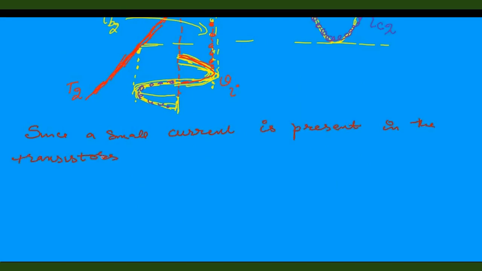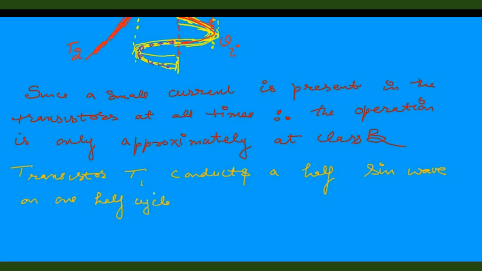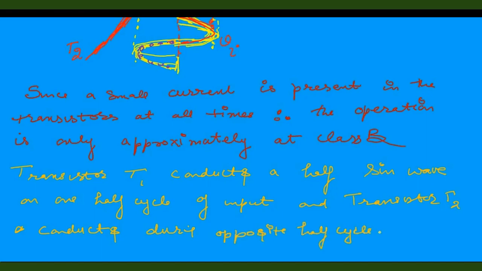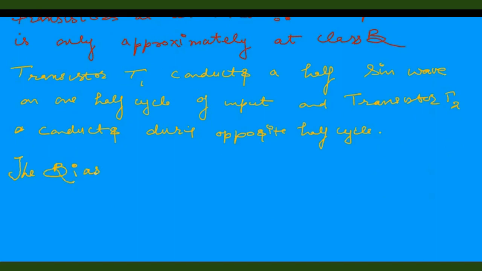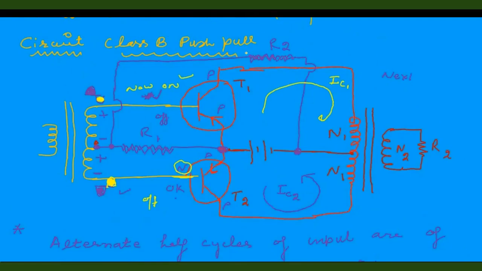A small current is present in the transistor all the time. The operation is not exactly class B, it is approximately class B now. The bias is provided by R1, R2 in the push-pull circuit, like here.